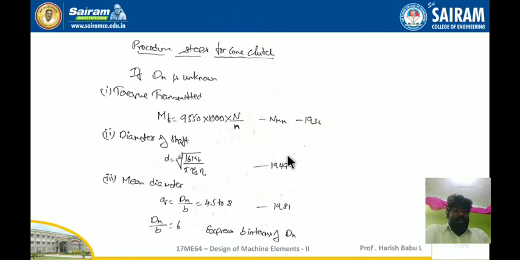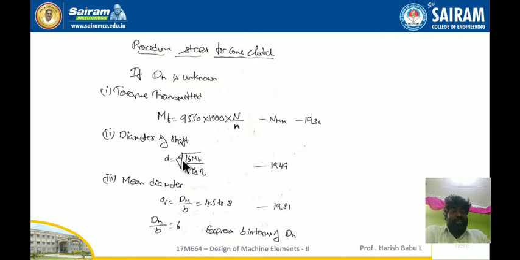There are two conditions you are going to consider. One is when dm is unknown, that is, the mean diameter is unknown. The torque transmitted will be Mt = 9550 × 1000 × N / n, where small n is the rpm and N is the power. Similarly, the second step is the diameter of the shaft. The same step you followed in the single plate or multi-plate clutch, you follow over here.